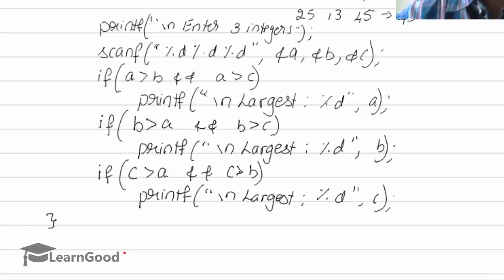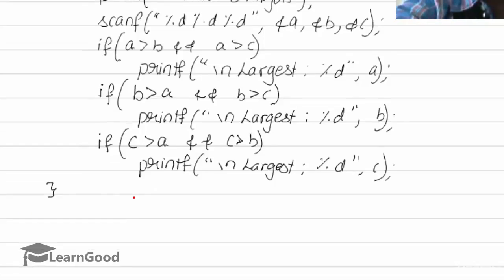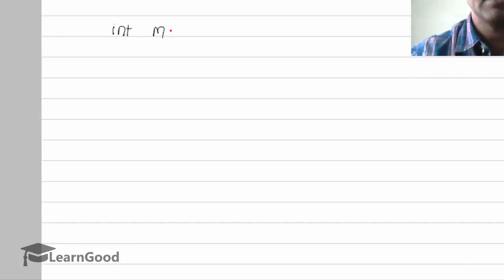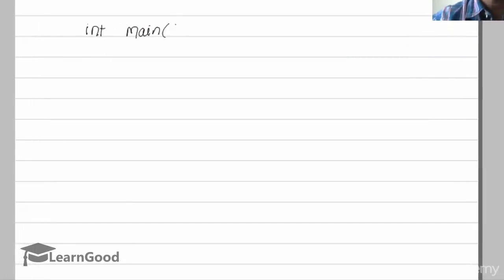Okay, this is one way of doing it. The same program can also be written in another way. Here I'll directly take up a main program, int main. Declare three integer variables a, b and c.